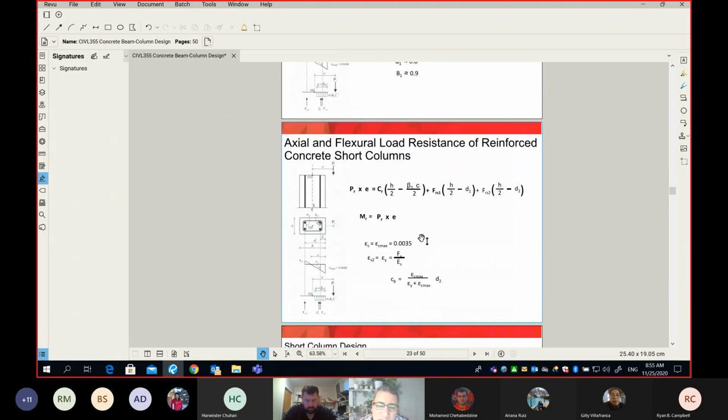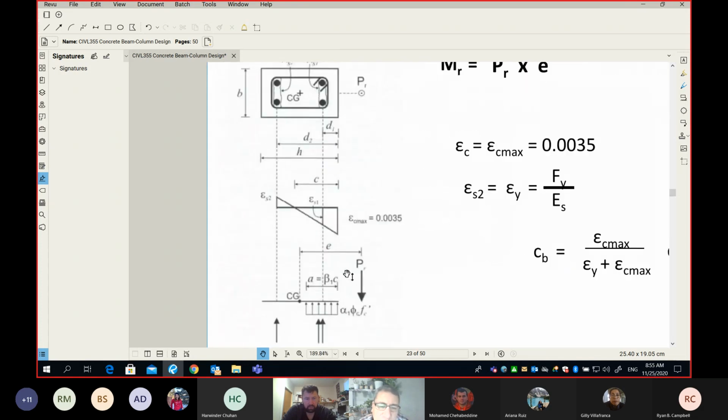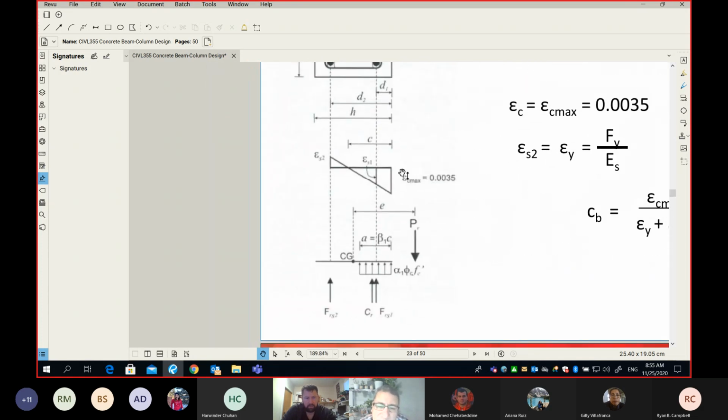I'm not asking you to follow any derivation, but for whoever is interested in the details, what they do is look at the behavior of the beam under bending moment and under axial force, same as I did about 6 weeks ago when I analyzed the beam and replaced the parabolic shape by an equivalent rectangular block.